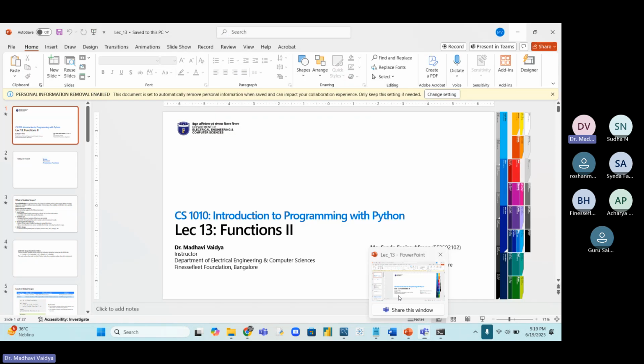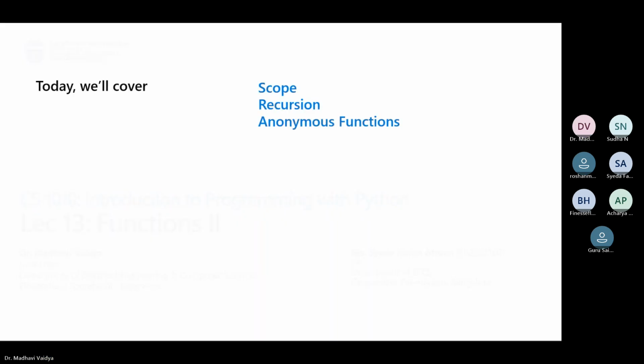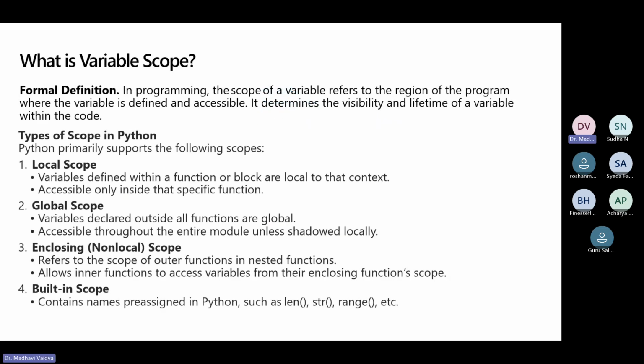Okay. Now we will start with the later part of the functions. So what is a variable scope? There are different types of scope. We had talked about this scope thing, if you remember, long ago, when we did the functions and the conditions inside them.